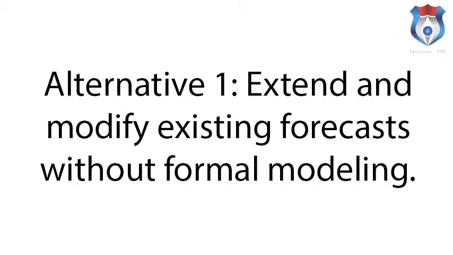Alternative 1. Extend and modify existing forecasts without formal modeling. This alternative would perform a very simple update to the existing forecast range. Because the current forecast remains reasonably accurate, the changes would not be expected to be large.